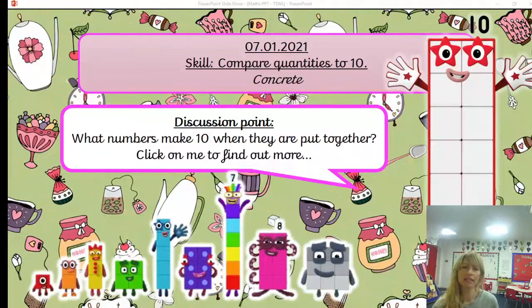So we might say 5 add 5 counted together makes 10. Or we might say 5 and 5 makes 10. I wonder if any of you could shout out two numbers that when we count them together make 10.